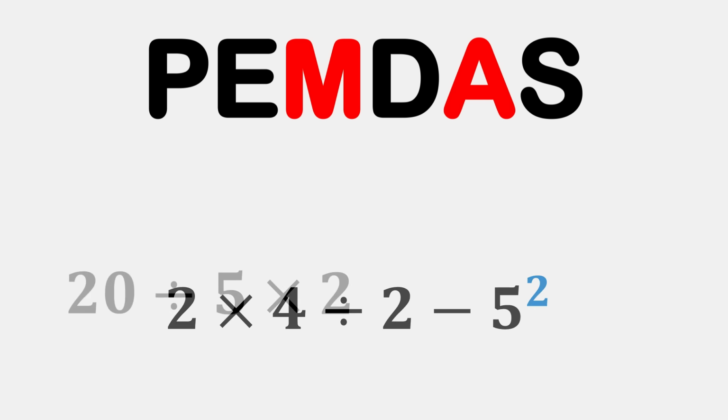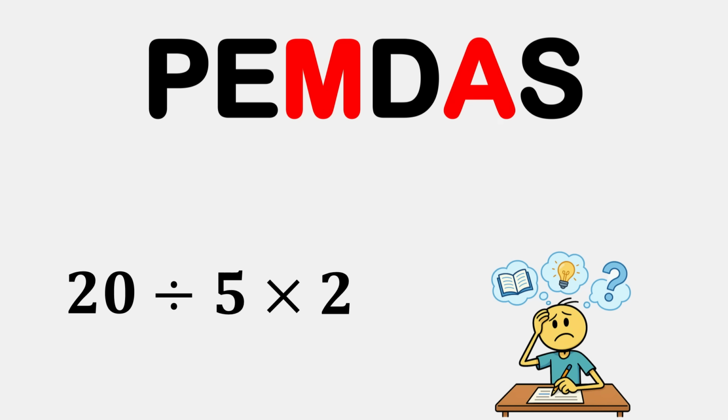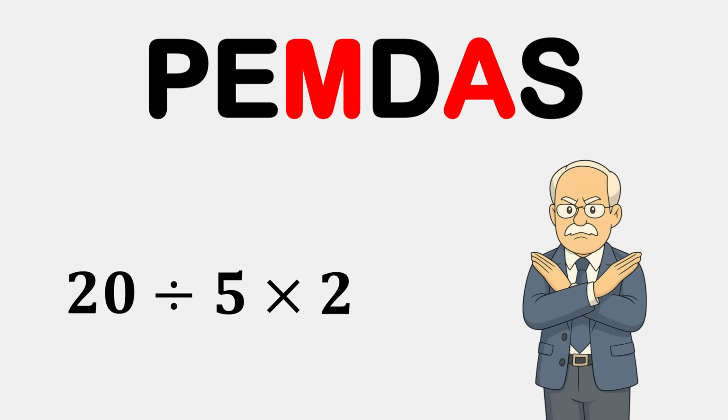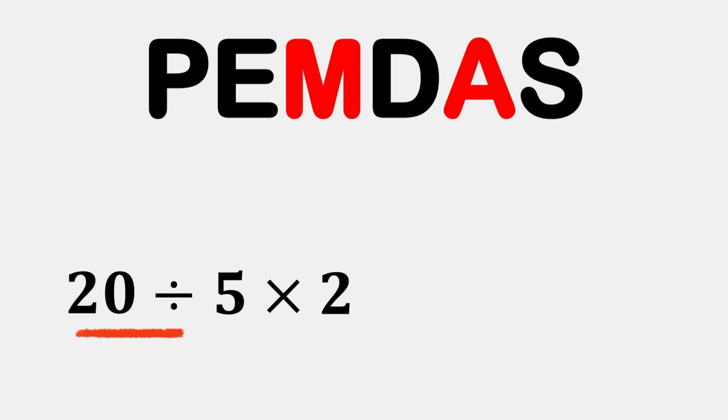But here is the part that trips most people up: multiplication and division. These two are actually on the same level of priority. Just because M comes before D doesn't mean you always multiply first. Instead, you scan the problem from left to right and do whichever one appears first. For example, look at this: 20 divided by 5 multiplied by 2.